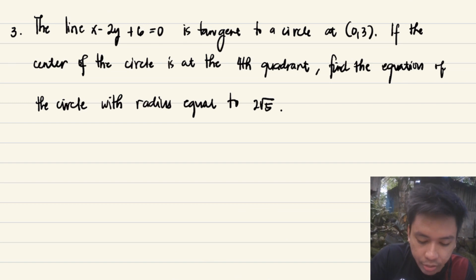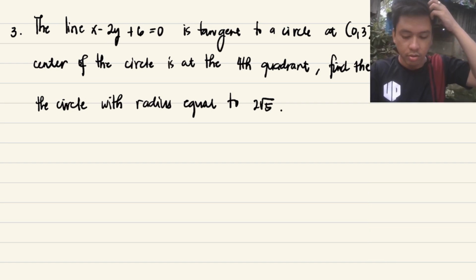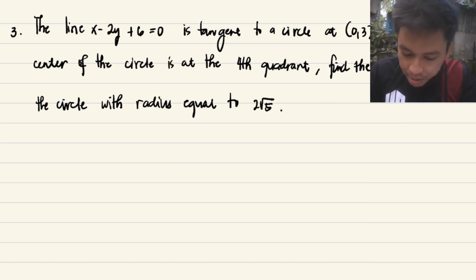Okay, problem number 3. The line x - 2y + 6 = 0 is tangent to a circle at (0, 3). If the center of the circle is in the fourth quadrant, find the equation of the circle with radius equal to 2√5. This is a bit challenging, but we know there is a line tangent to a circle.